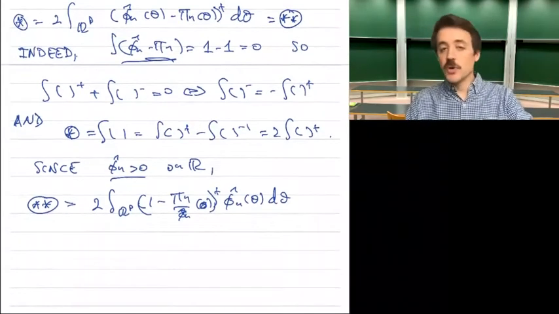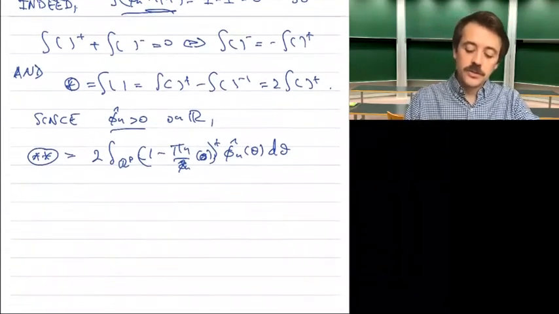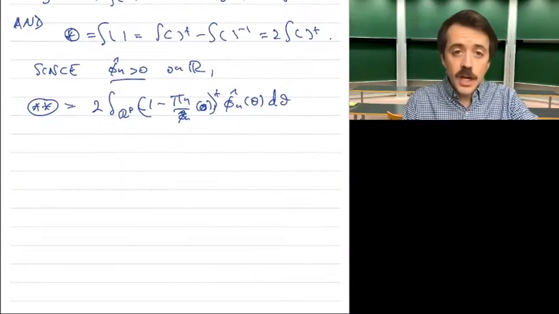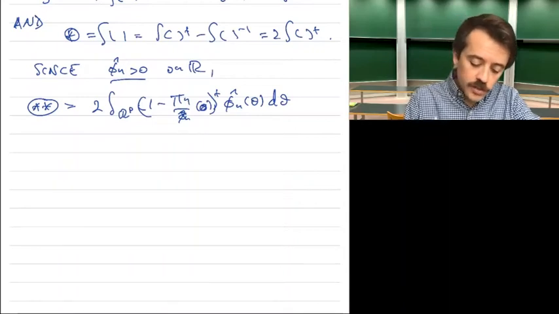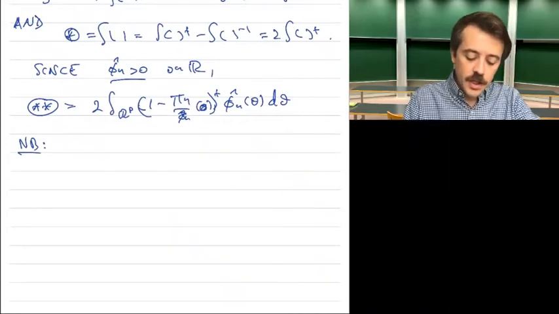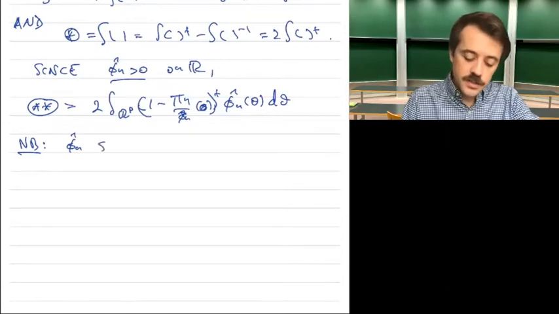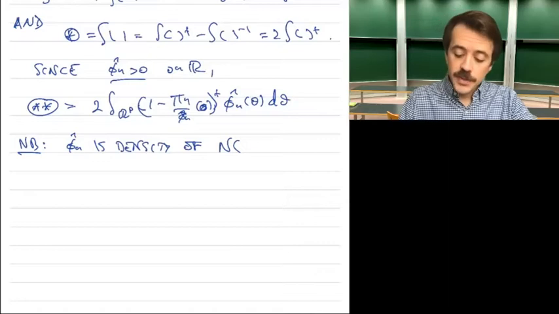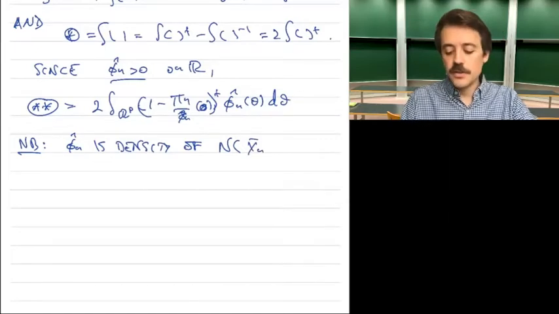So let's now really exploit the normality by writing out the actual expression that we get in there. So note that phi n is the density of, in this case, a normal distribution with an MLE, and the MLE is simply given by the sample average.